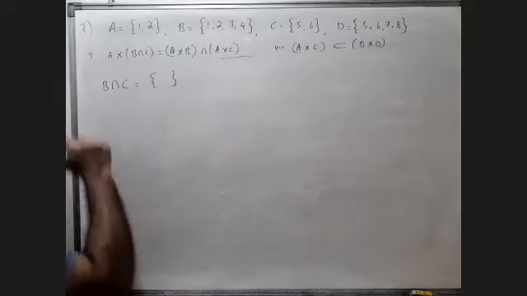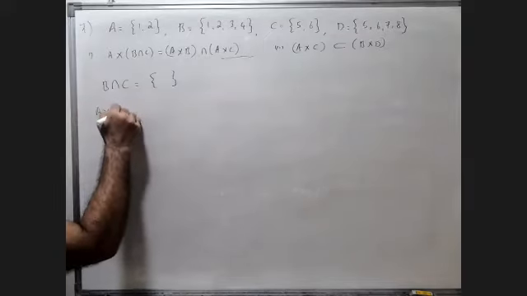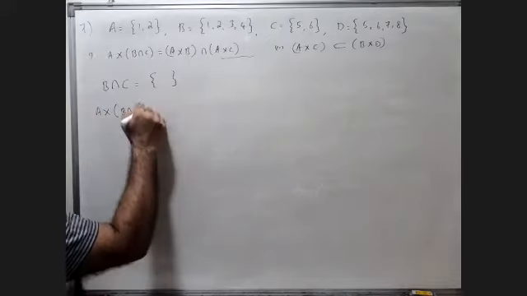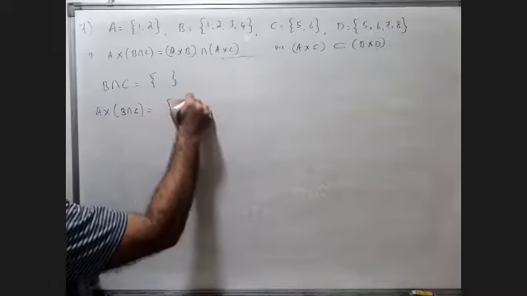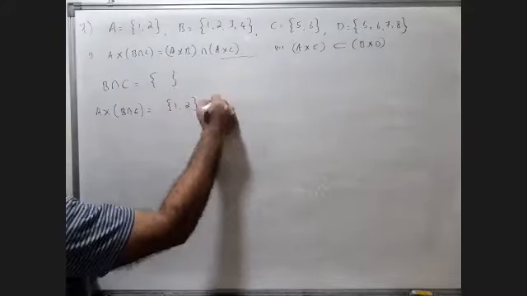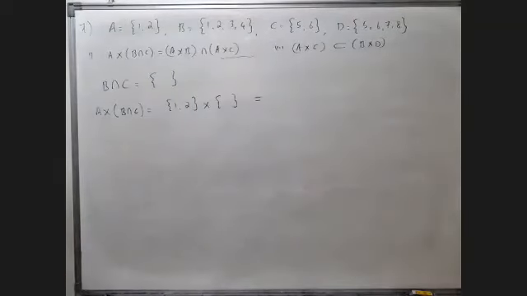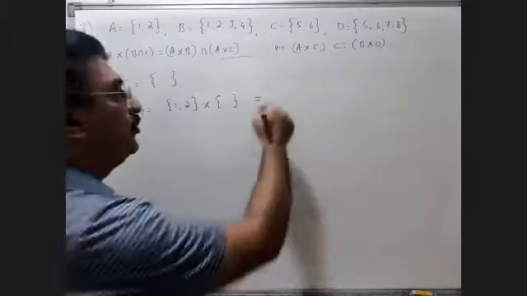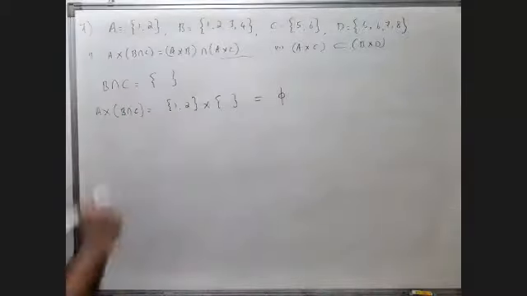Now, A cross (B intersection C) means {1, 2} cross this one. Here there are no elements to pair, so this will be empty only. Nothing is there because one set is empty set.